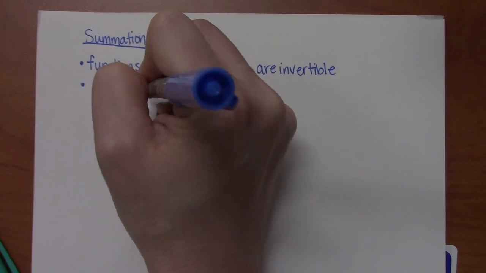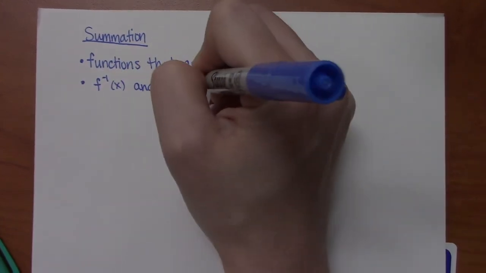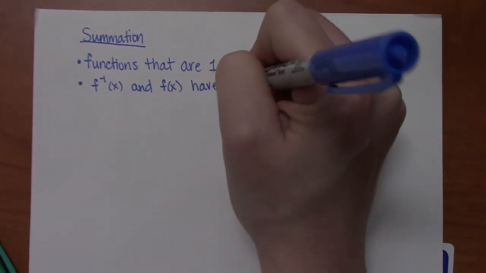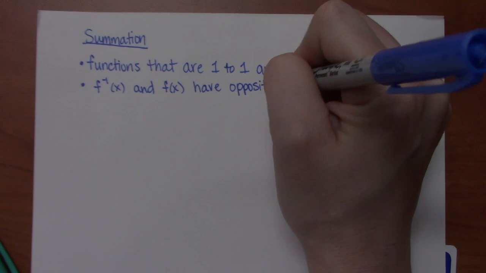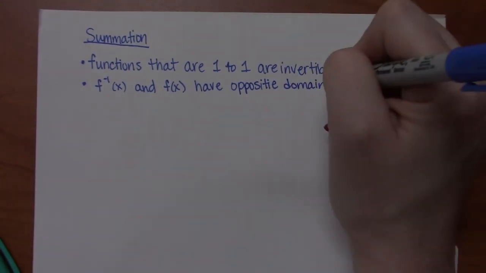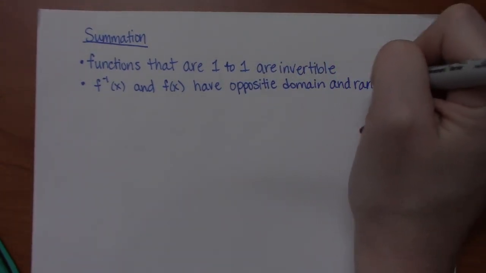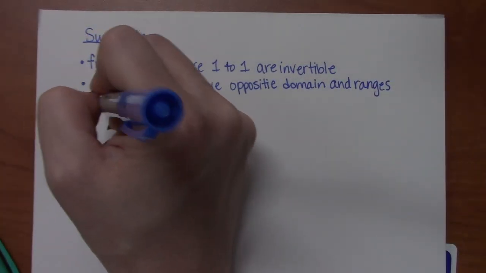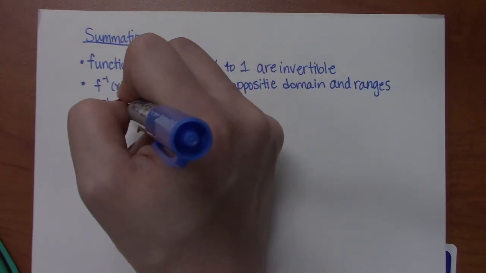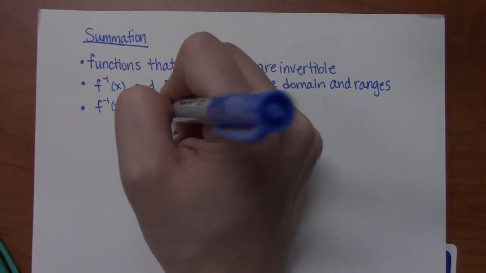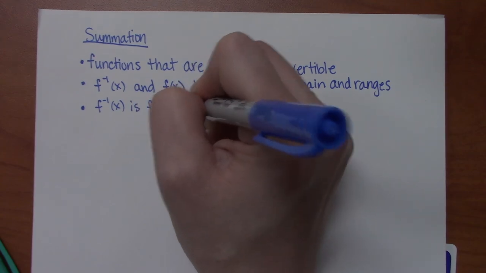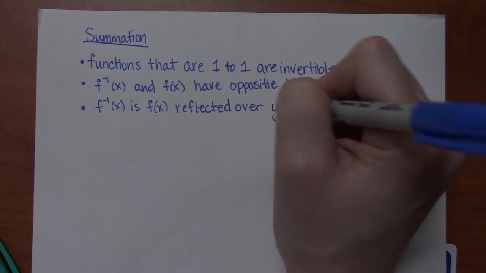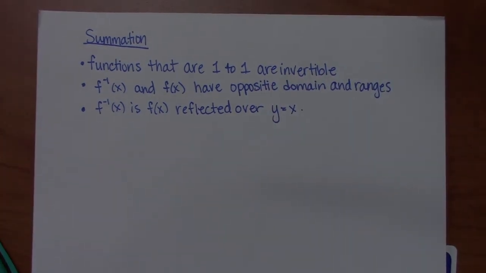F inverse and f of x have opposite domain and ranges. And also that f inverse of x is the graph of f of x reflected over the line y equals x.